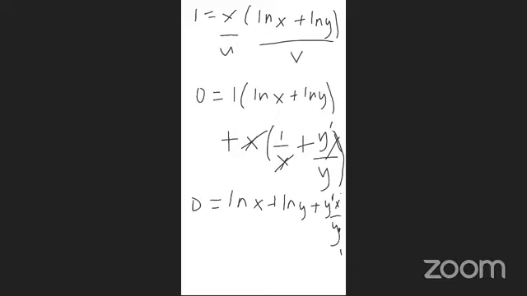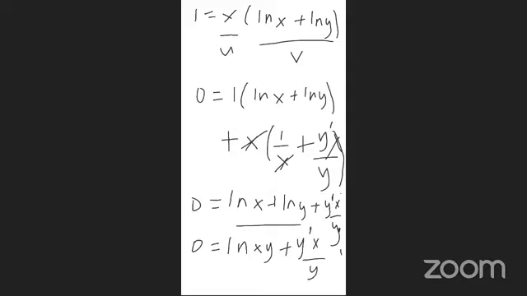Kay pwede na to siya mabalik na form sa katong before, di ba? Ln of AB is equals to ln A plus ln B. So, pwede mo na to siya mabalik na form. So, 0 is equals to ln xy, katong form niya ganina, plus y prime x over y.